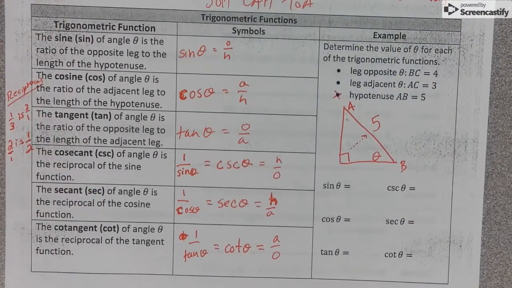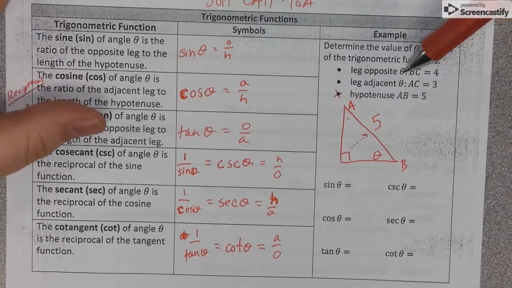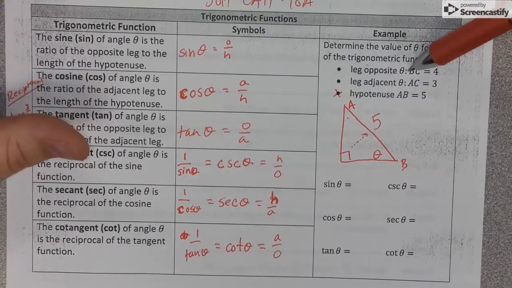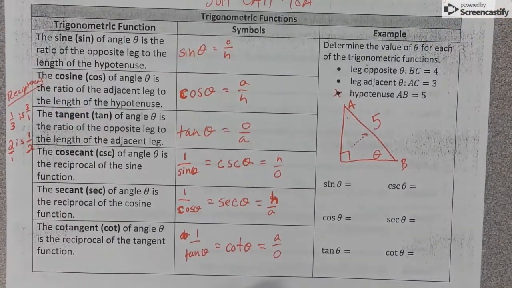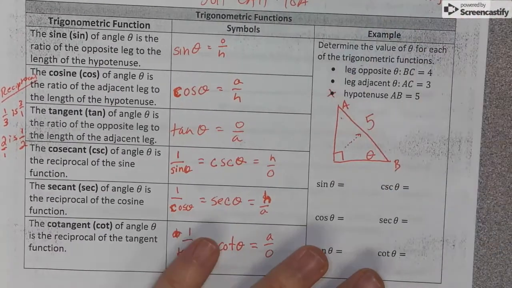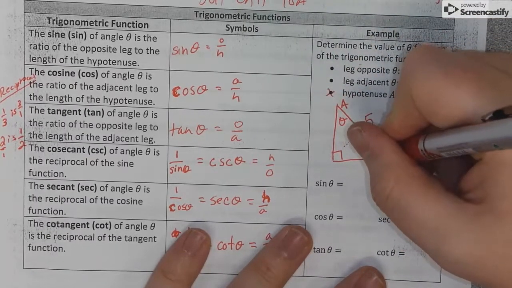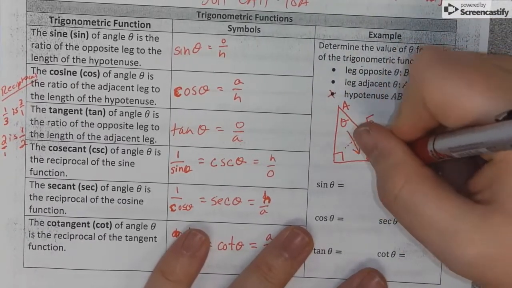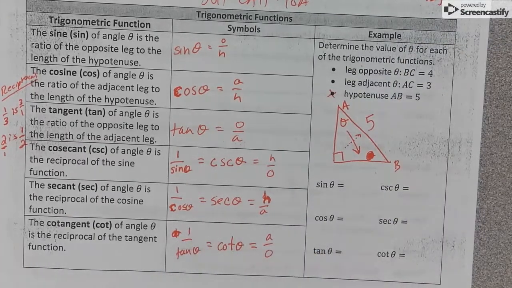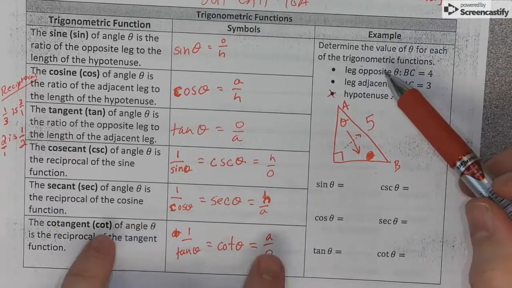The leg, then let's go back to the top, and it says the leg opposite theta is BC. So we have this labeled backwards, and theta is really up here, because if it's got to be opposite, then B needs to be over here. It's okay, we just have to switch where theta is, not a big deal.